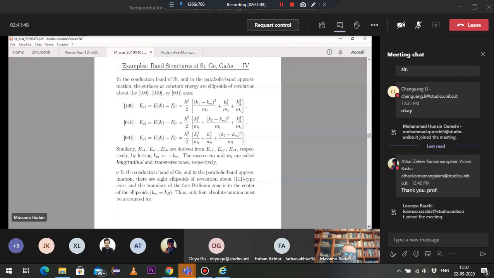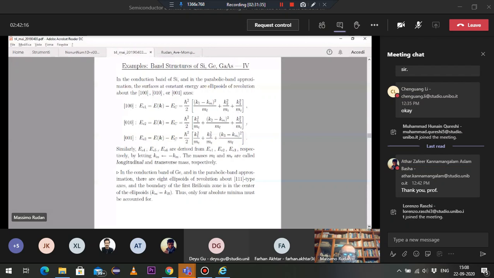Actually, out of the three derivatives, two of them are equal to each other, and one is different. And the one that is different is the one that is associated to the axis. So this is easily understood if you consider the equations.